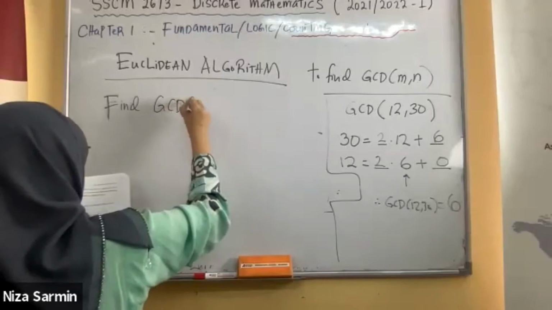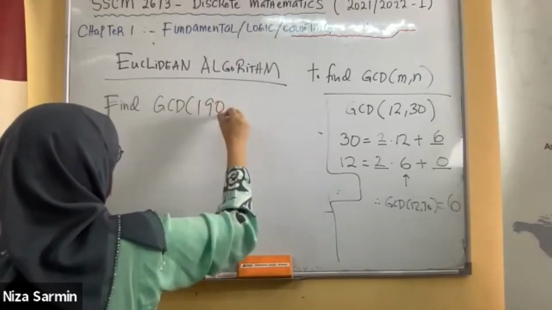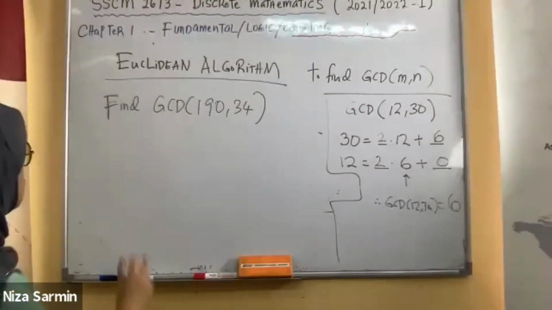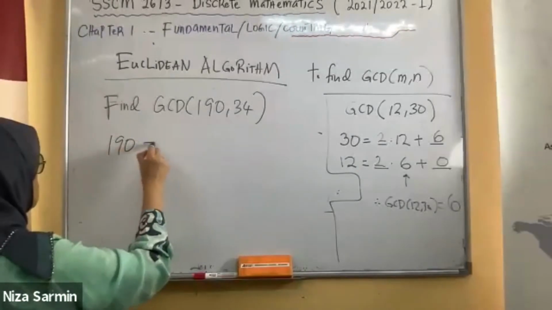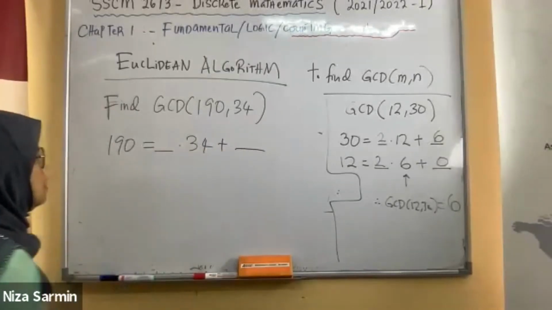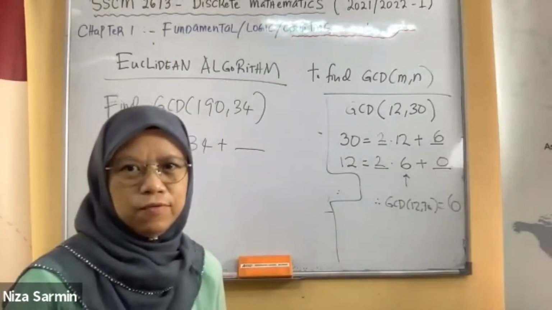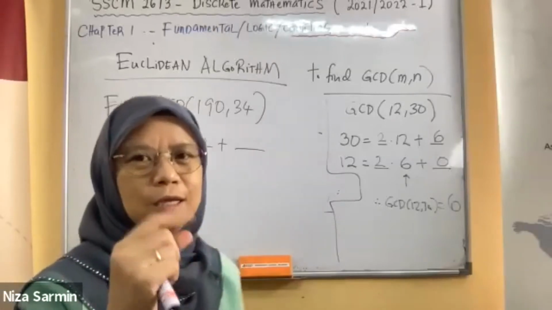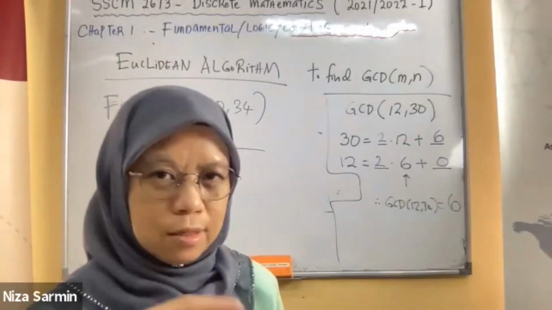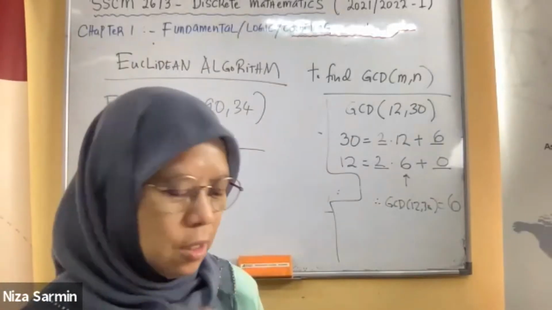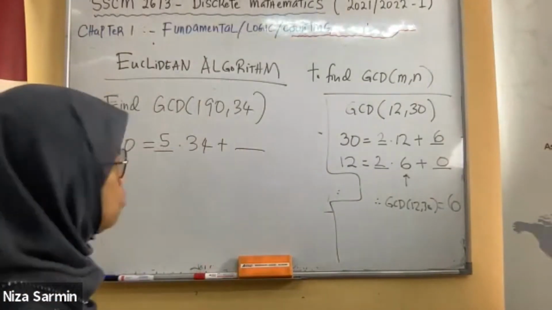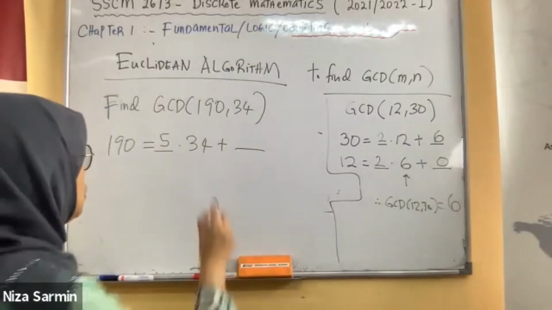GCD of 190 and 34. So 190 equals what times 34 plus what? You can divide in your calculator and take the whole number on the left. So you will see that this is 5. When you multiply, you get 170, so you get 20.